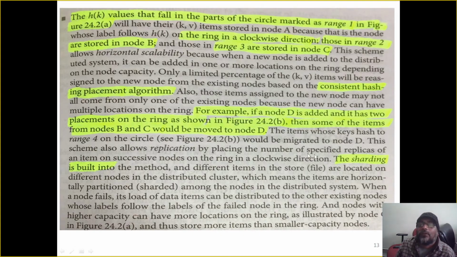Okay. So the sharding is built in. Sharding means dividing data on several nodes. So how is sharding done? This is the technique.